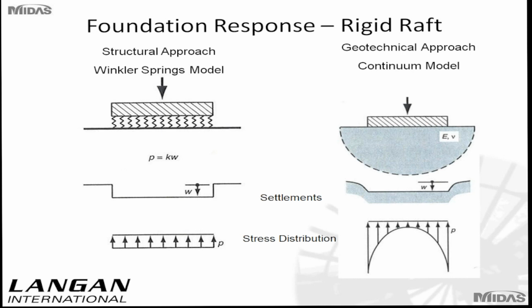Again, the rigid raft assumption depends on the size of the raft and the superstructure load. Now, by definition, the springs at the edges of the raft will have to be higher than the springs at the center of the raft to capture this stress behavior, where you have higher stresses but the same settlement.